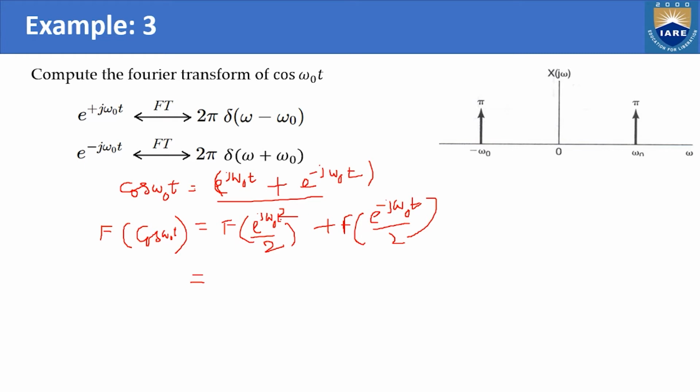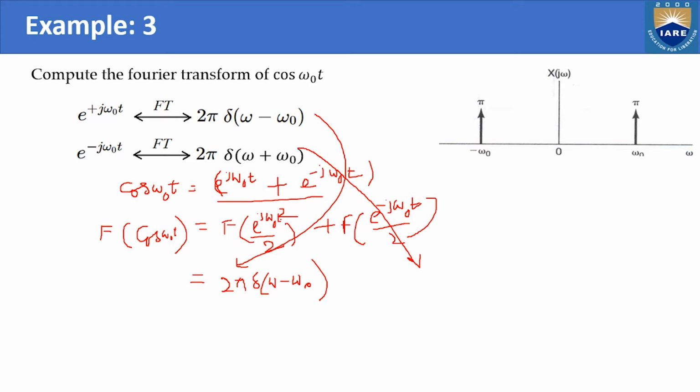This is the Fourier transform of the first function, and this is the Fourier transform of the second function. So I have to write this. This is 2 pi delta of omega minus omega naught.